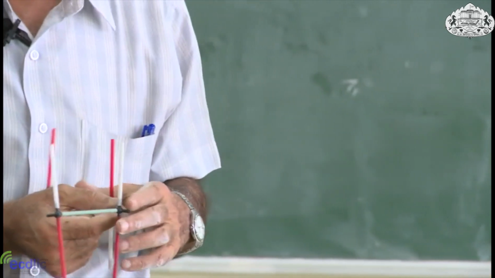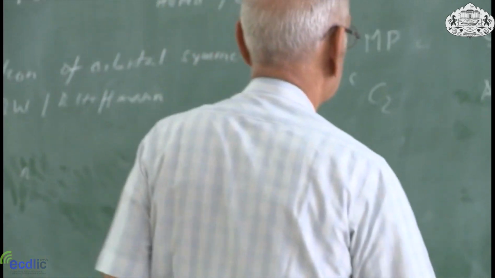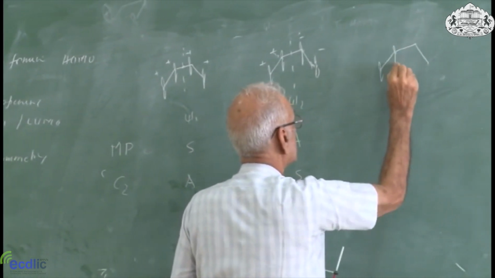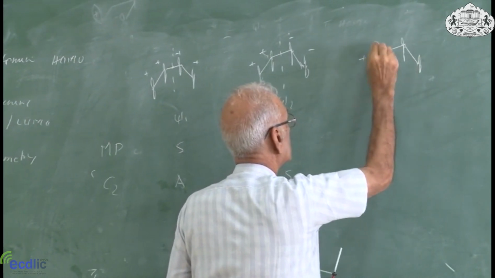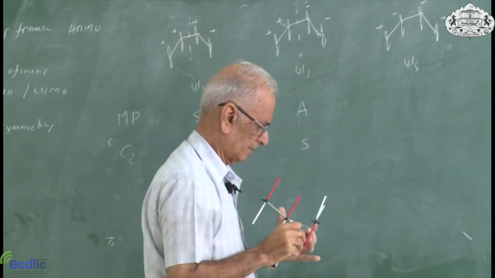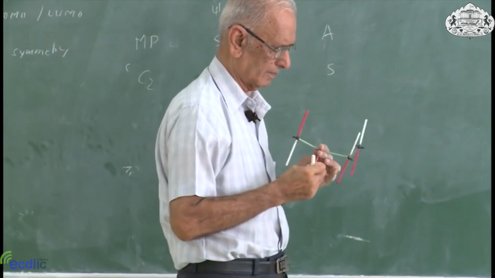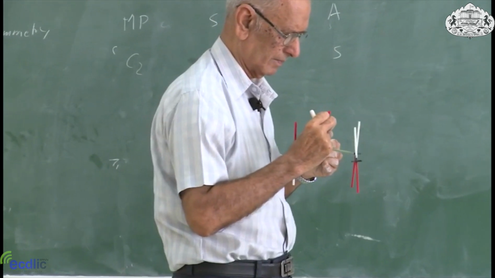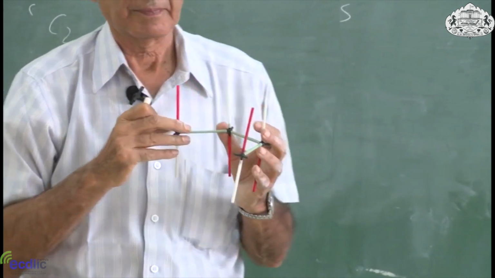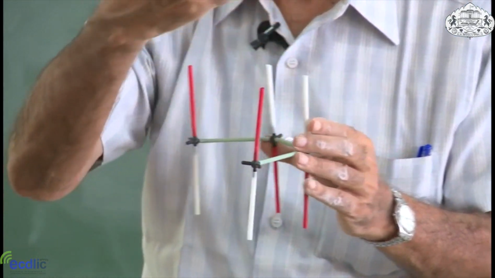So, for C2 axis of symmetry, it is symmetric. Plus, minus, minus, plus.